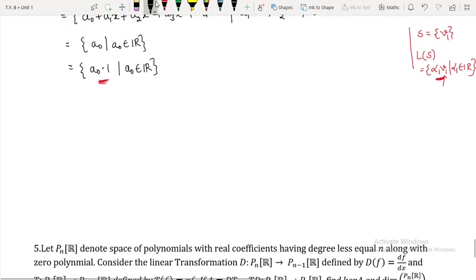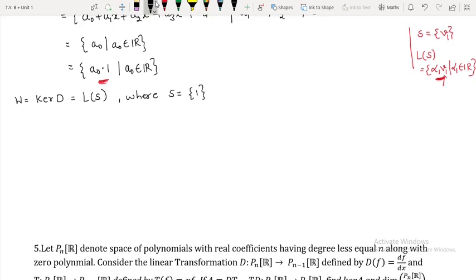So actually this is nothing but the linear span of S. Remember, our left hand side is the kernel of D, and in the quotient they are calling it W, where S is nothing but the singleton containing 1.